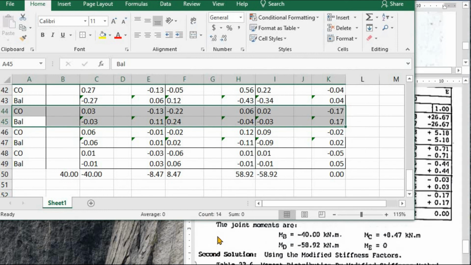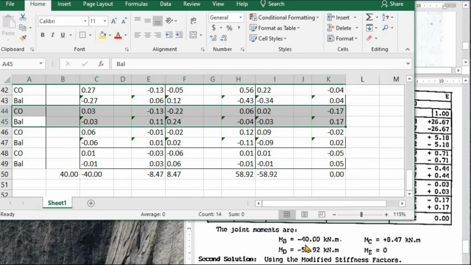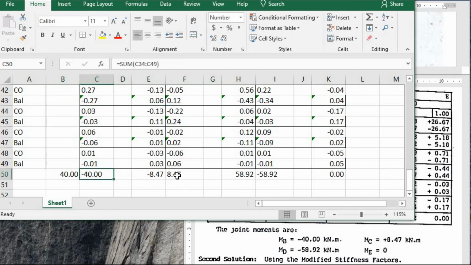We have at point B, negative 40. Then 8.47 at C, positive. And then negative 58 at D. And finally at E, that is 0. So I can just bold those. And that's it.